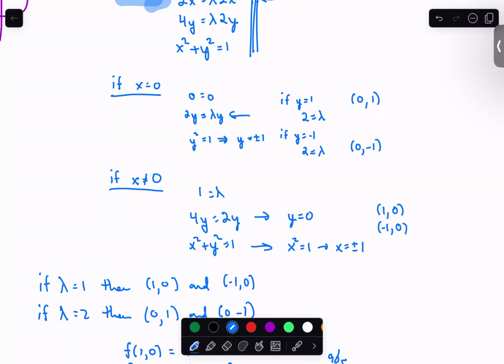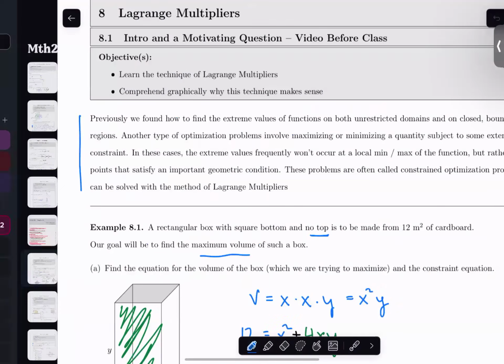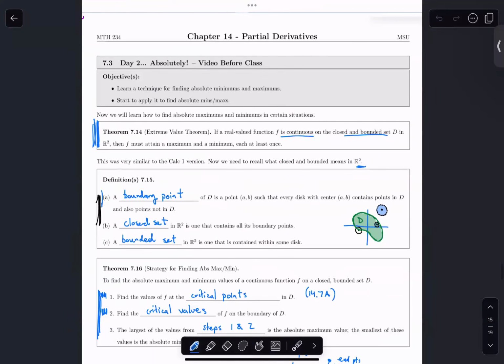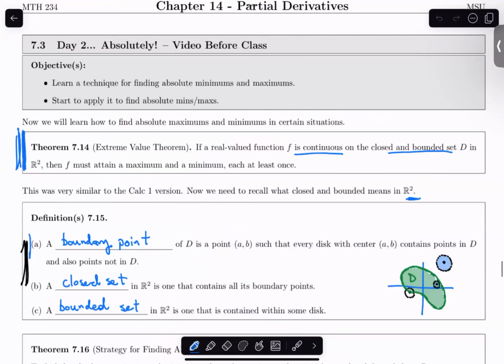Yeah, so the extreme value theorem, let's go back here. This came up in 14.7. It talks about when you have to have both minimums and maximums, and it's when your region is bounded and closed. Closed means that it contains all of its boundary points.